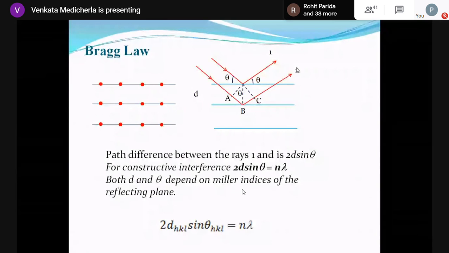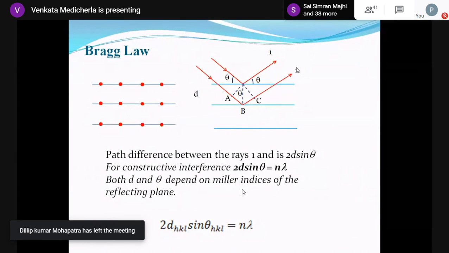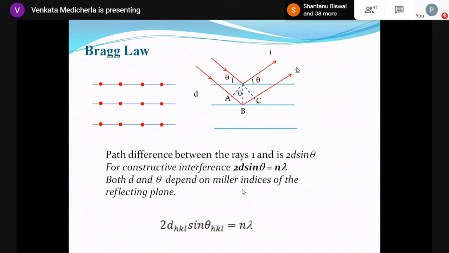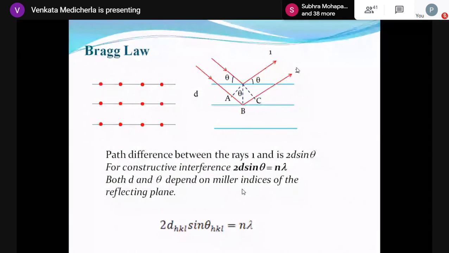Depending on the path difference, you get either maximum or minimum when the waves superpose. If the path difference is equal to an integral multiple of the wavelength, you have constructive interference. If the path difference is equal to n plus half lambda, then you have destructive interference. But we are interested in the maximum condition, so the path difference should be n times lambda, an integral multiple of lambda.